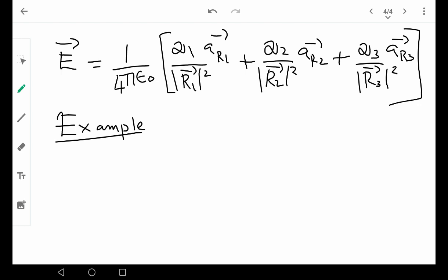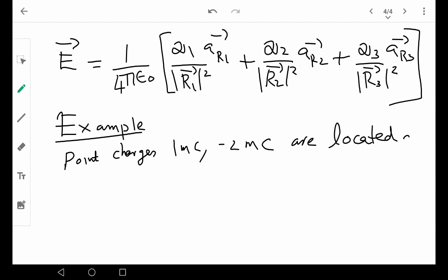I have 3 point charges, like 1 millicoulomb and minus 2 millicoulomb, located at (3, 2, minus 1) and (minus 1, minus 1, 4) respectively.